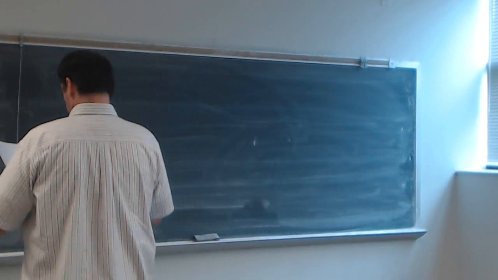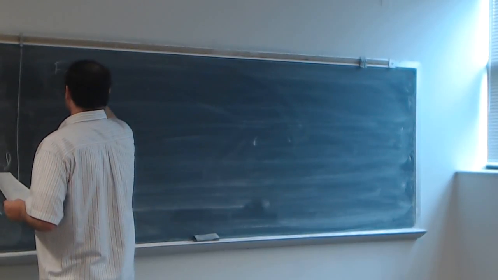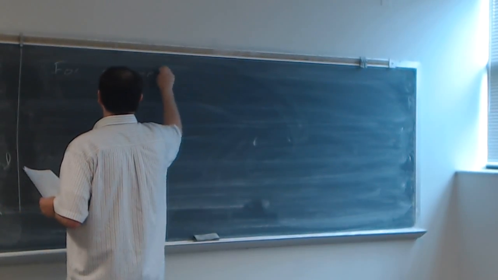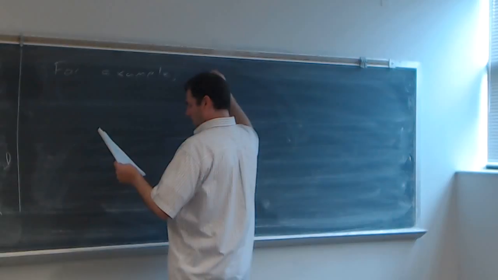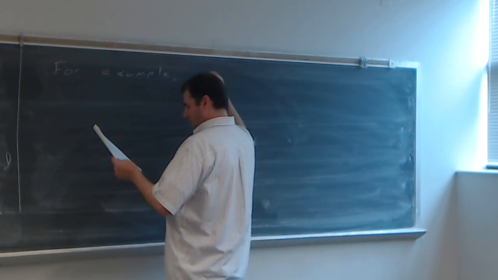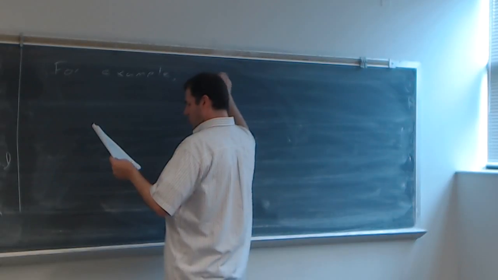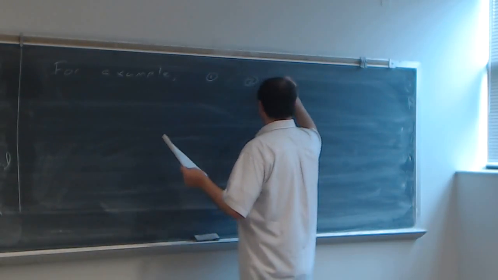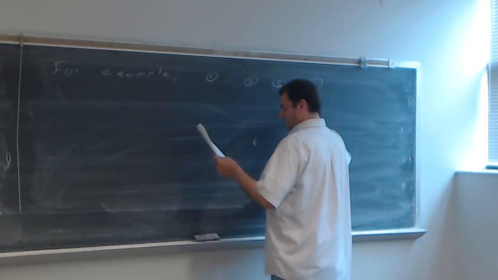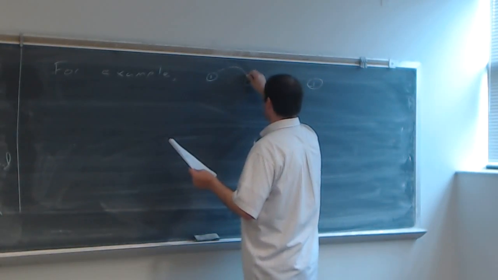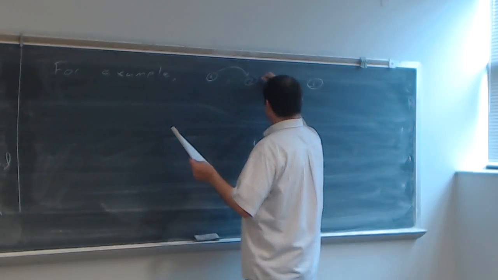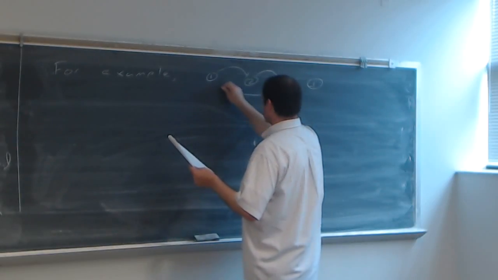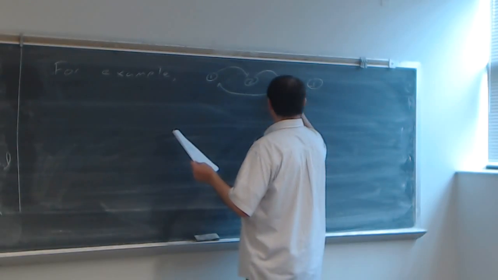As an example, we have 1, 2, 3, 4. Okay, 1 is being sent to 2, if you will. 2 is being sent to 3. 3 is being sent to 1, and 4 is being sent to 3.